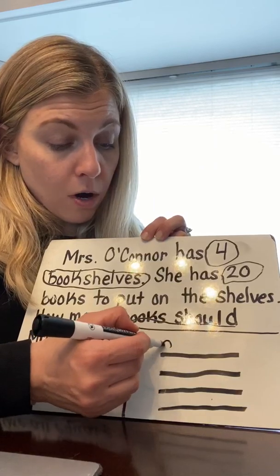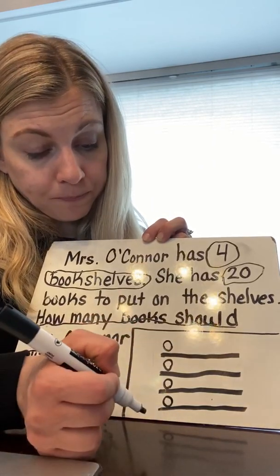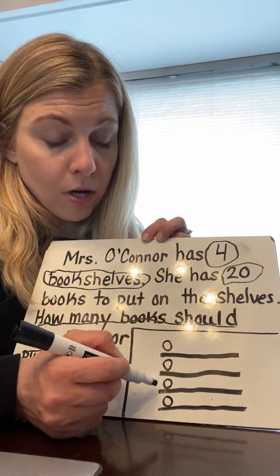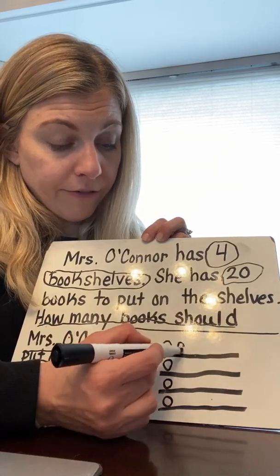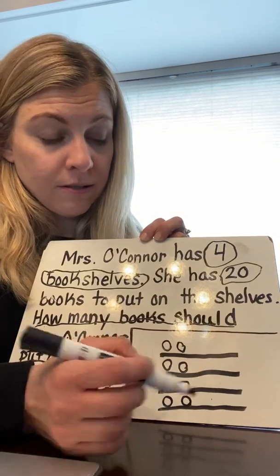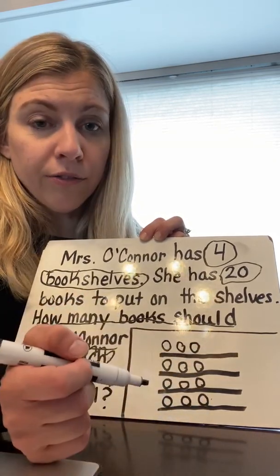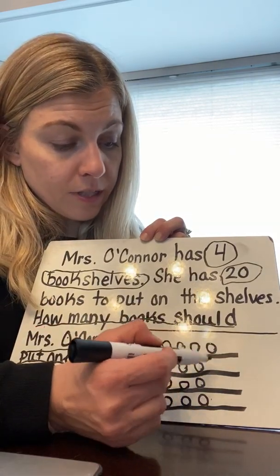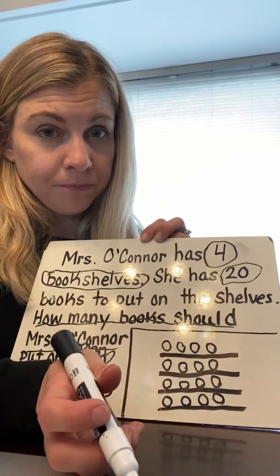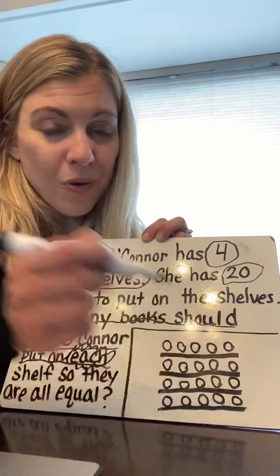20. 1, 2, 3, 4. Okay, so you can see right now all the rows are equal, and that's 4. I'm going to keep going. 5, 6, 7, 8, 9, 10, 11, 12, 13, 14, 15, 16, 17, 18, 19, 20.